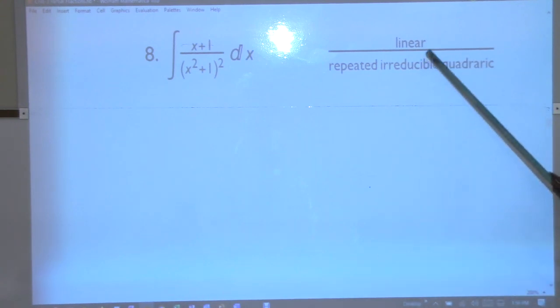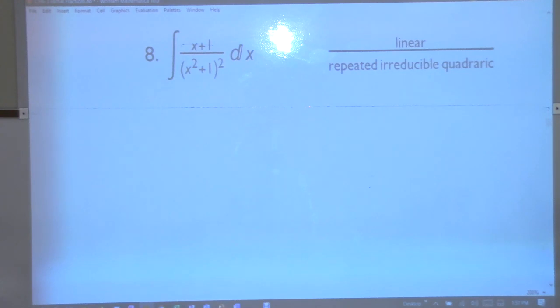All right, so how about this? What if we have a linear expression up top, and this time a repeated irreducible quadratic? Well, why don't we just try and play the same game?